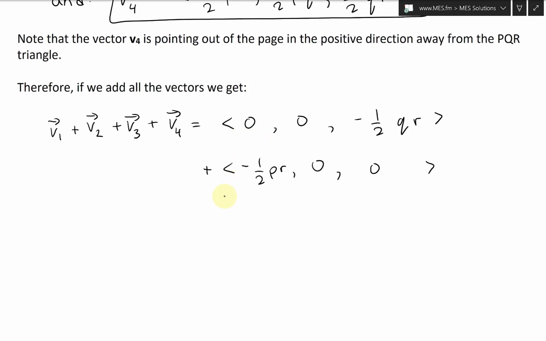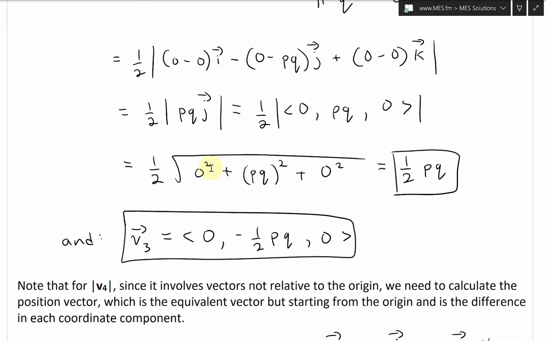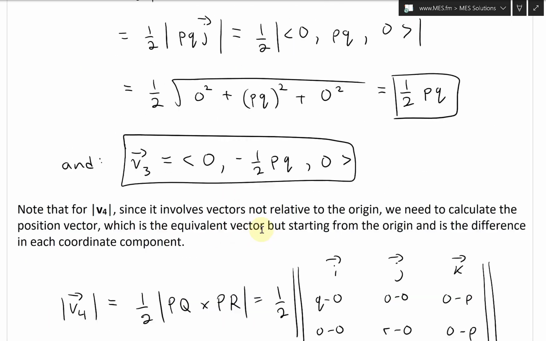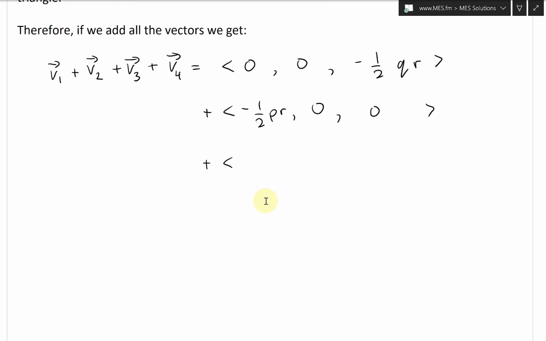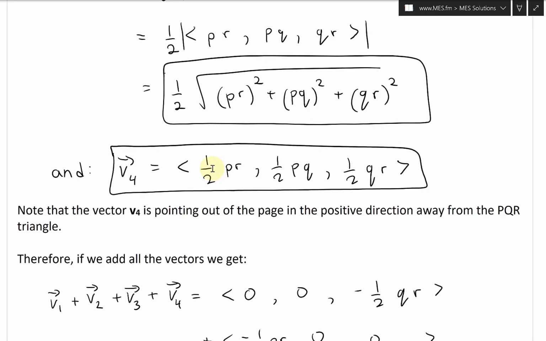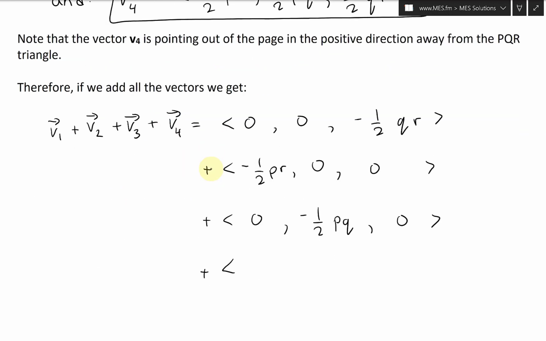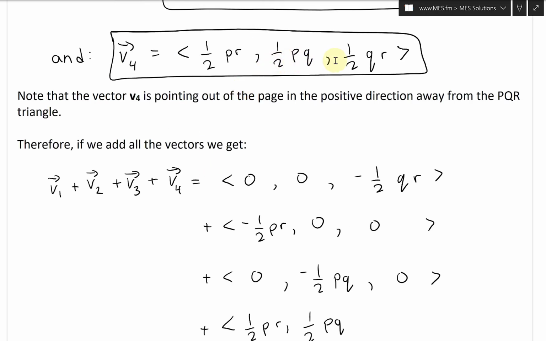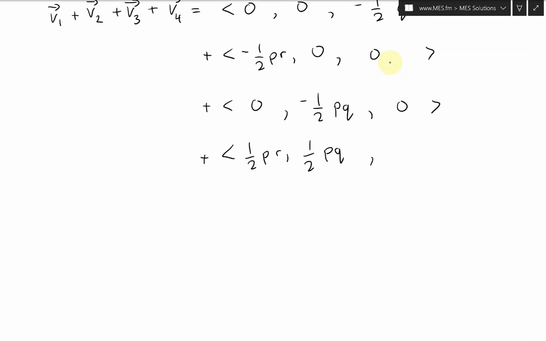And now the next one is going to be, well, plus V3. And V3 is right here, 0, then minus 1/2 PQ, and then 0 there. The next one is going to be, well, this right here, 1/2 PR, and then 1/2 PQ right here, then 1/2 QR.